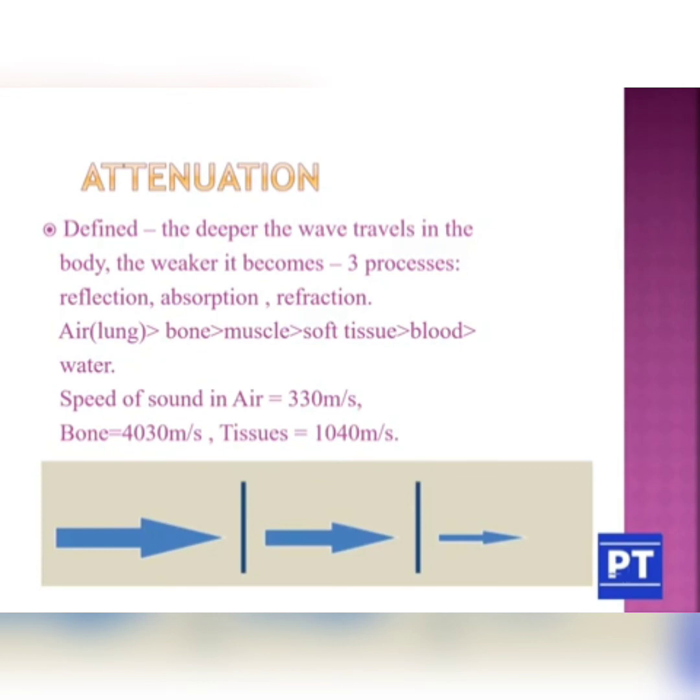Here you can see the speed of sound in air is about 330 meters per second, whereas in bone it is 4030 meters per second, and in tissue it is about 1040 meters per second. As the wave goes deeper and deeper, it becomes weaker. This is what defines attenuation in the case of ultrasound.